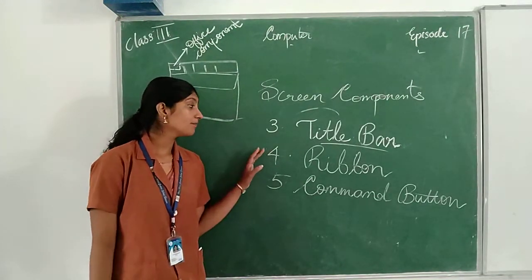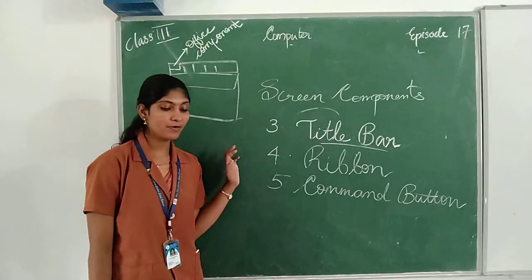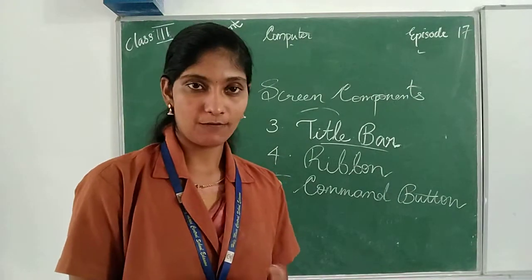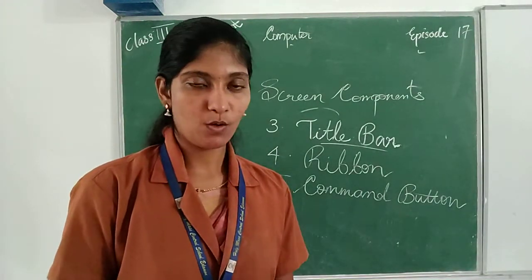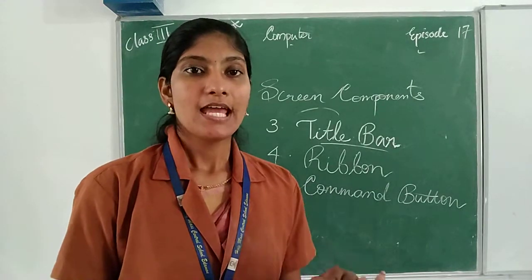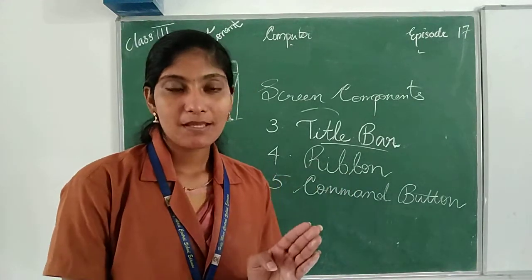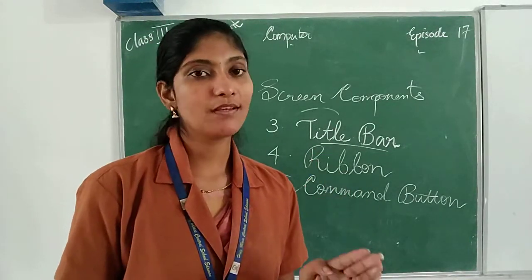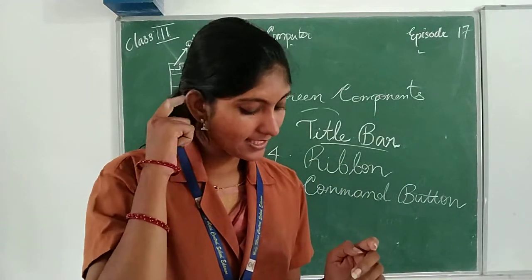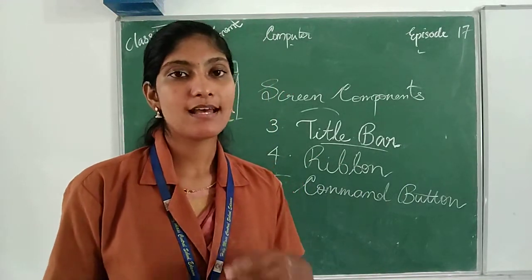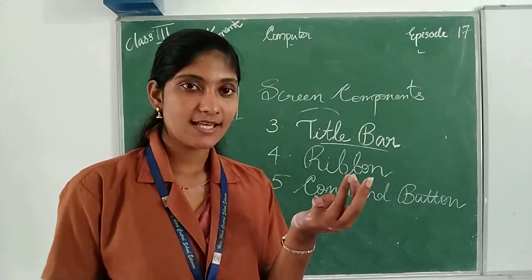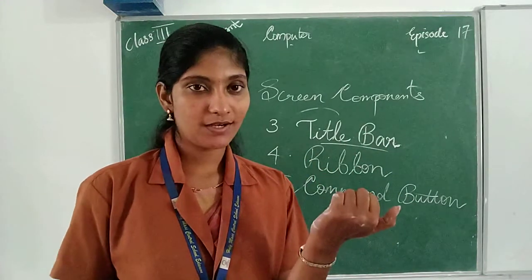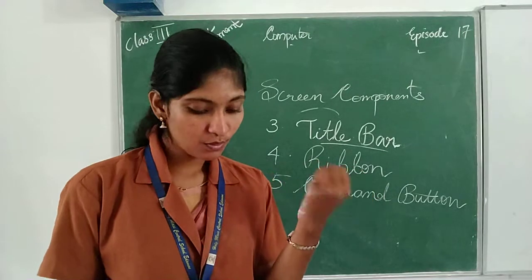So what are the five components? First one, office button, O-F-F-I-C-E, B-U-T-T-O-N. In the office button there are some important or frequently used commands like open, save and print. Then the next one is tab, like home tab, insert tab, page layout tab, references, mailings, review, view.